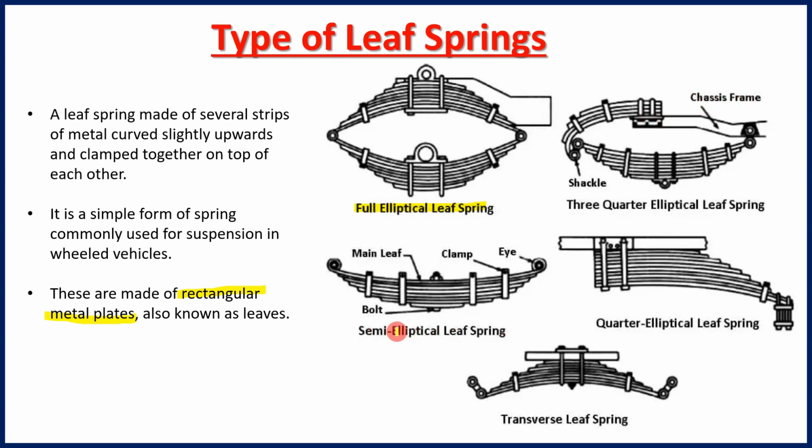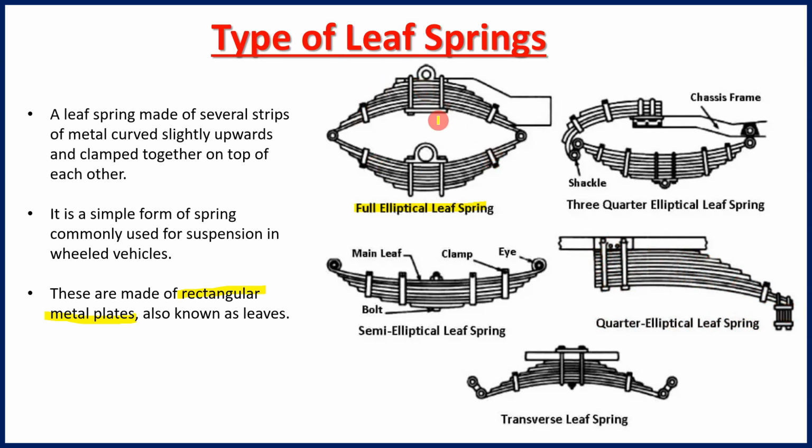And the semi elliptical leaf spring has the leaves at the bottom portion. From the bottom only we have the leaf arrangement, with all the rectangular metal plates stacked together on the bottom side only. The quarter elliptical leaf spring is the same thing but from the upper side, and it is a half portion.